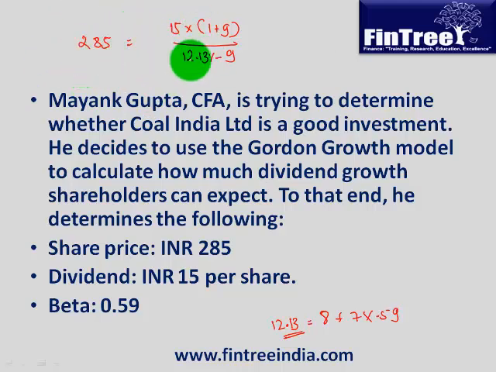So 285 into 12.13%, which is how much? Take this on the left hand side. 34.57 minus 285G is equal to 15G.